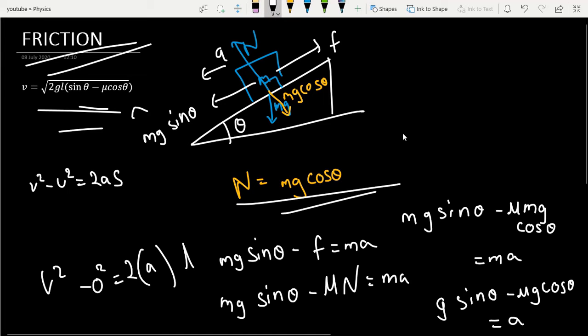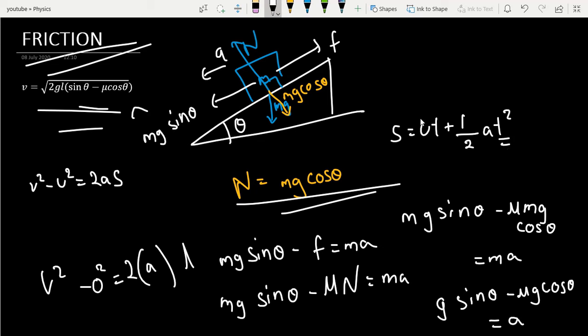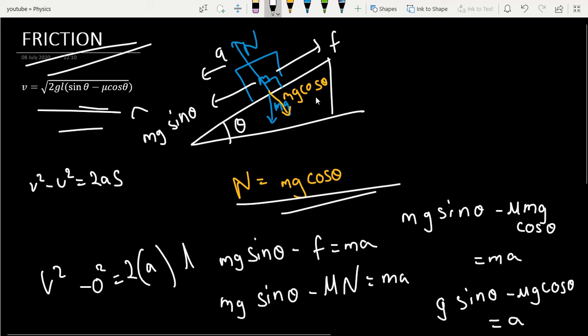Similarly we can find the equation for time. If you substitute these values in the formula s is equal to ut plus half at square, we'll get the formula for time too. Now if in the question it's mentioned that the value of friction is 0 or the value of mu is 0, then the modified equation would be acceleration is equal to g sine theta.